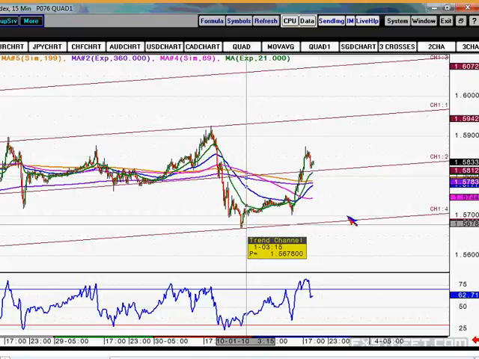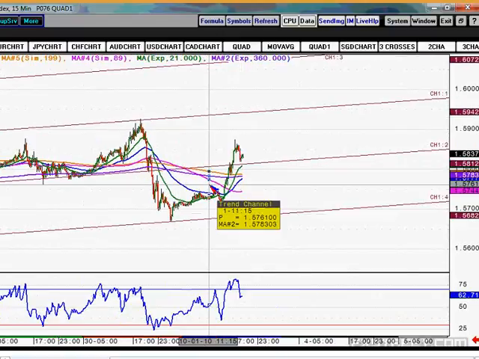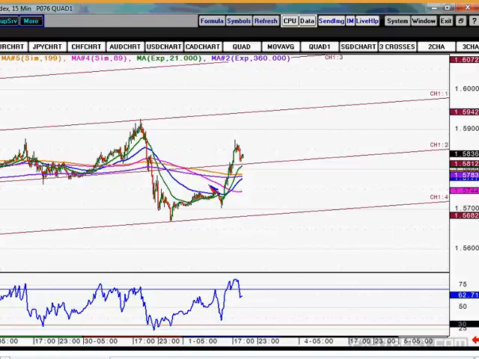But we have to take note that compared to euro, pound is not a good cross to trade at the moment because it's still caught in a range, within this channel. So that's why we say we have to be a bit careful.